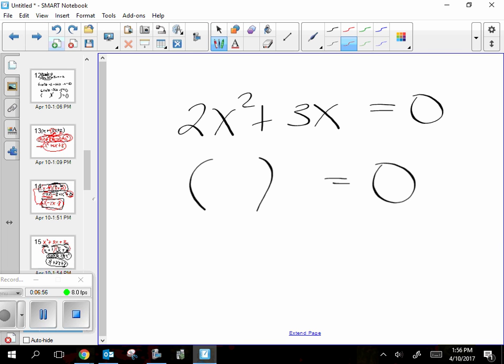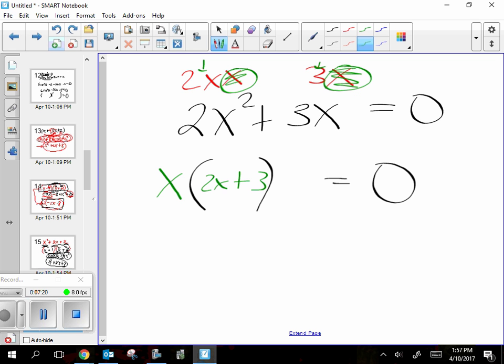If I do expanded form, it goes like this. What do they have in common? X. They both have an X. So the X goes out front. Then, after you take that out, technically you're dividing by it on both parts. What's left is 2x and 3. 2x plus 3.